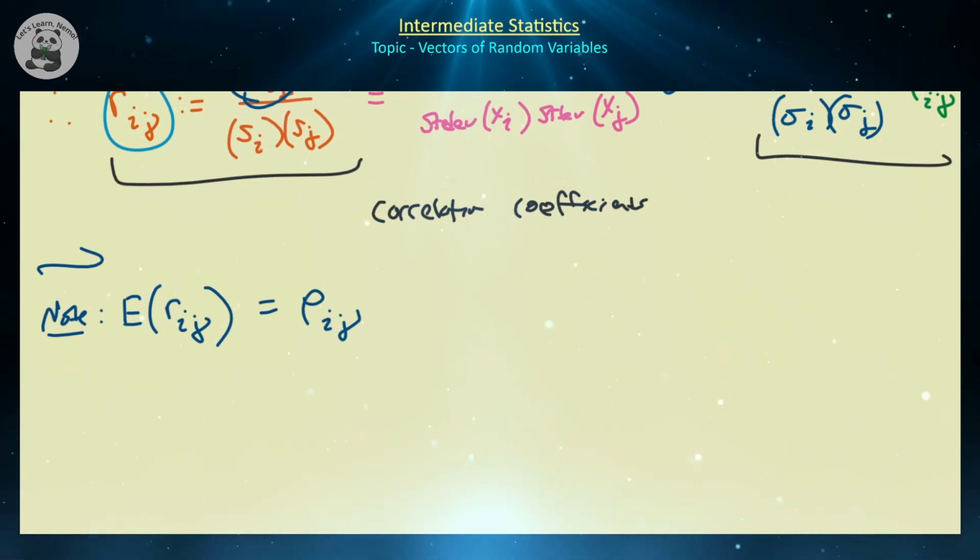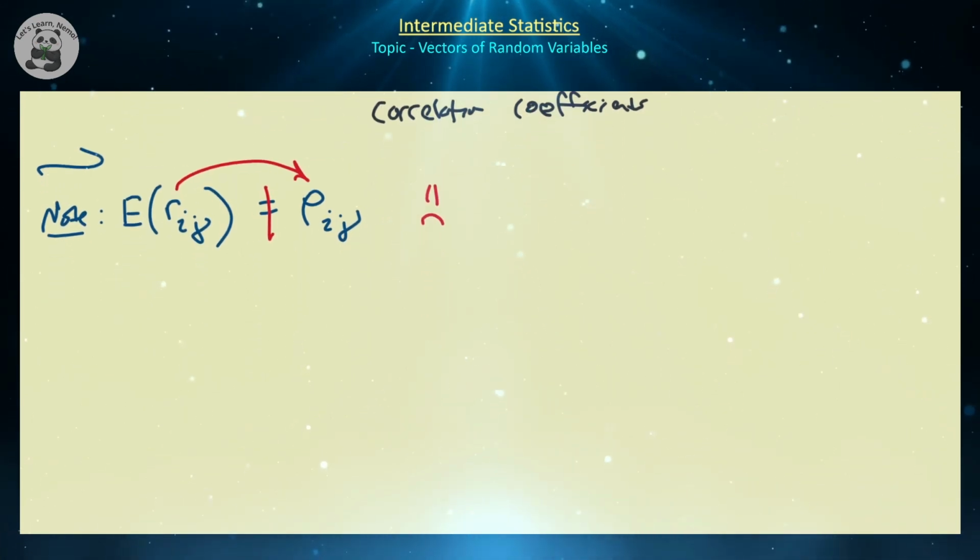The answer actually is no. Now, although we often approximate rho ij by Rij, it's not an unbiased estimator. Therefore, there are obvious alternatives which one may explore, right? But let us keep the story brief and continue talking about Rij, and we can consider alternative estimators of rho ij a little bit later.